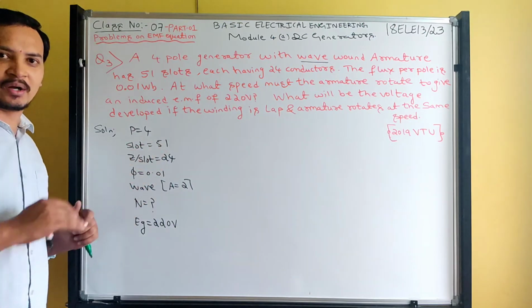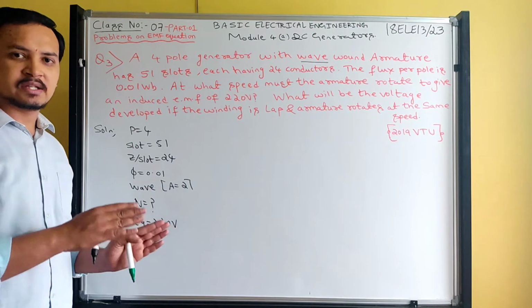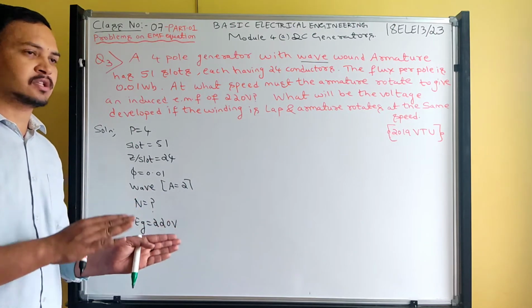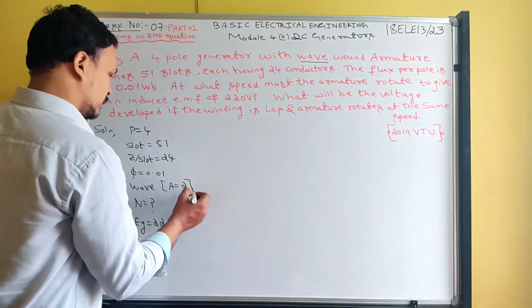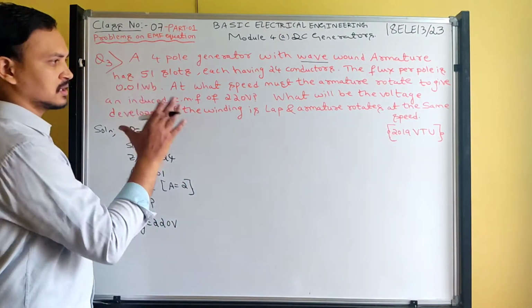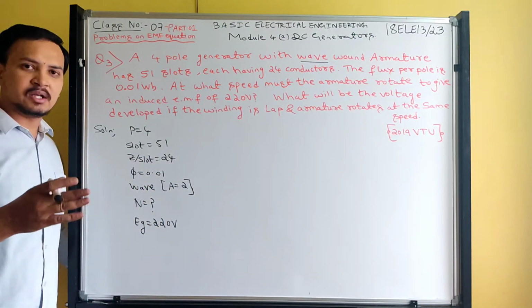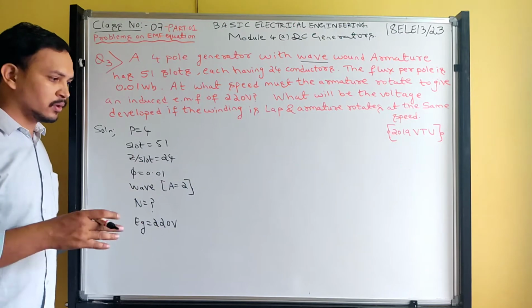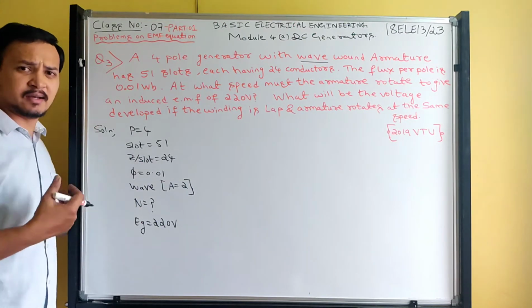This type of question is asked regularly every year, either in odd sem or even sem, in first sem or second sem. If they ask problems on EMF equation, 99% they ask this type. You should be careful, but it is a very unique problem. You need not think in depth, you will get a direct answer.